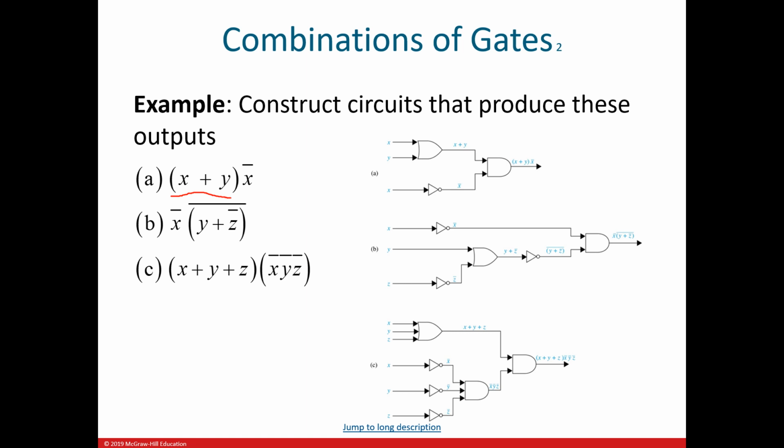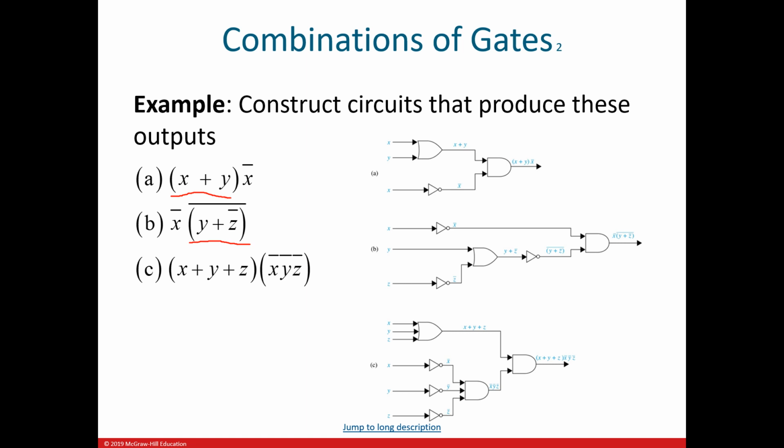Okay, now how about the second expression, b? We have x that we give to the inverter, and we get x complement. Now the second thing we need to do is x OR z complement. So we give z to the inverter to get the complement of z.